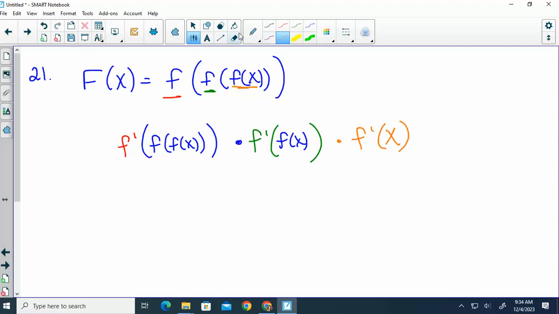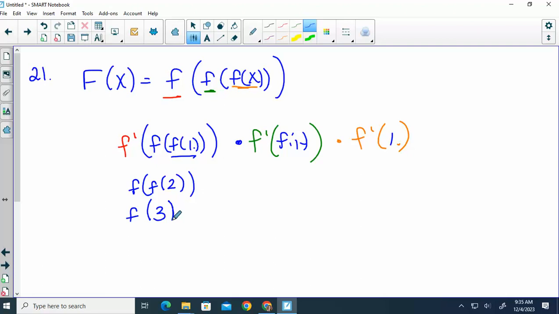Okay, and then it told us that x was what? 1. So if we change all those to 1s, f of 1 is 2. So then we have to do f of 2, which is 3.